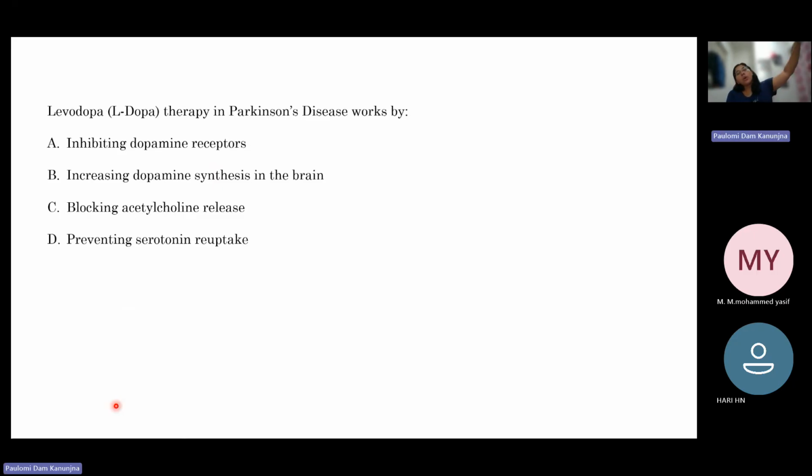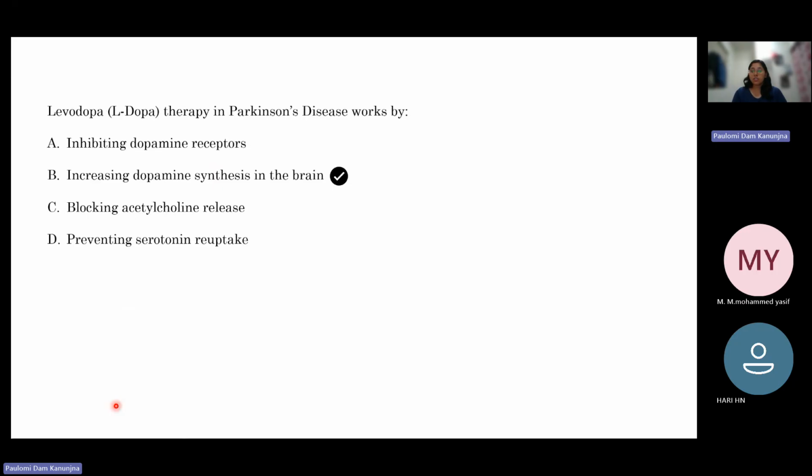Are you inhibiting dopamine receptors, or are you increasing the synthesis of dopamine in the brain, or are you blocking acetylcholine release, or are you preventing serotonin reuptake? P? Yeah? Okay. So that's correct, and I'm guessing you thought in the absolutely correct way.